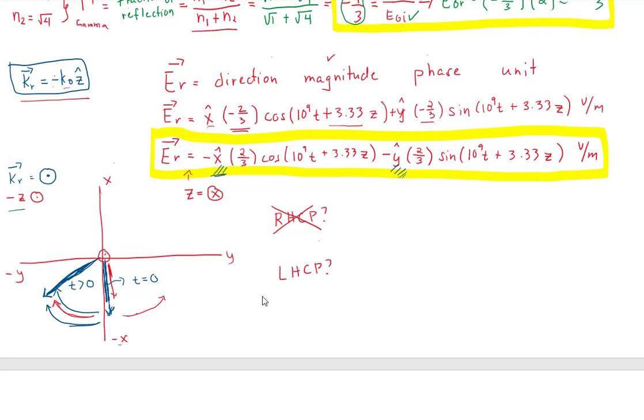Our fingers curl this way, and that is pretty much what we're trying to do.